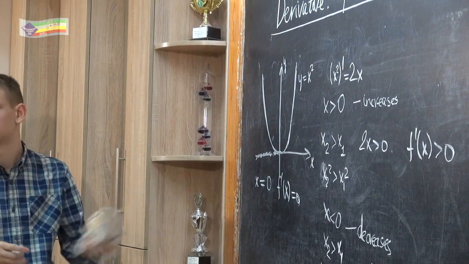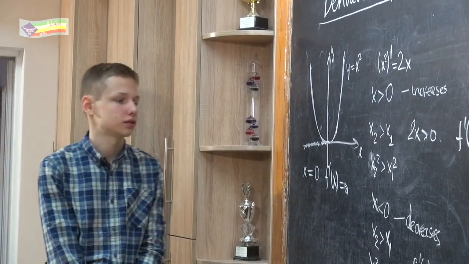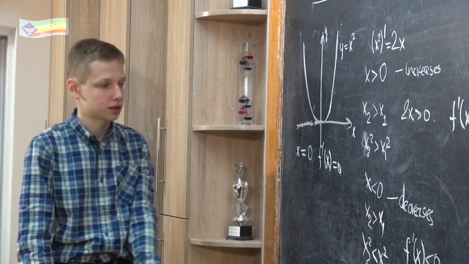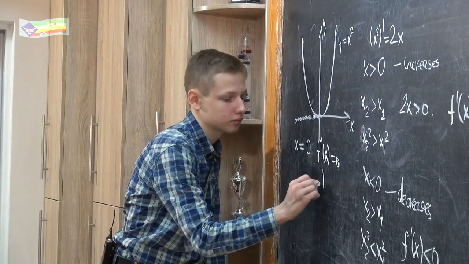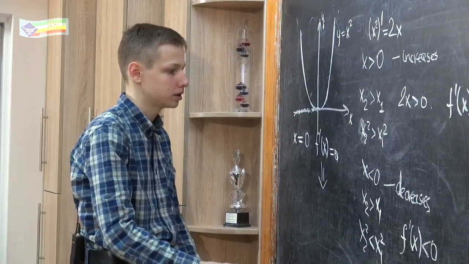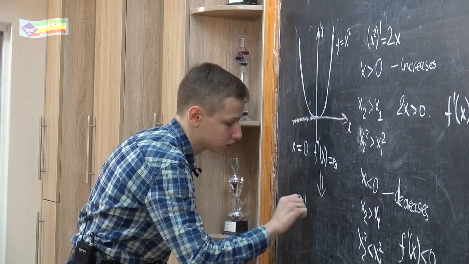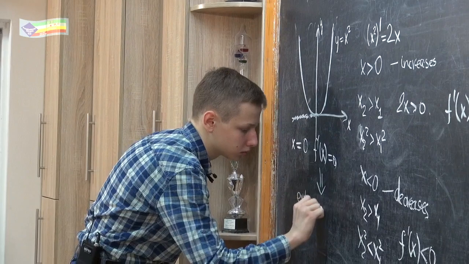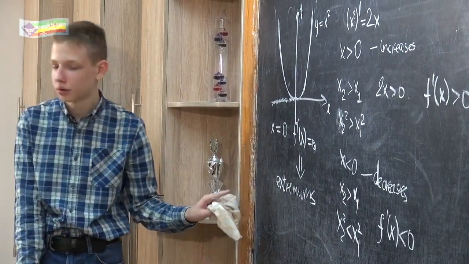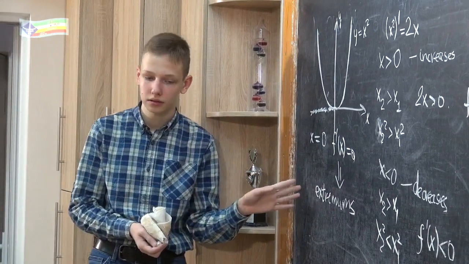And actually it's quite an interesting point, because it's the lowest point on this graph. So these points are called extremums. And these are interesting points, but we will get to them maybe two lessons later.